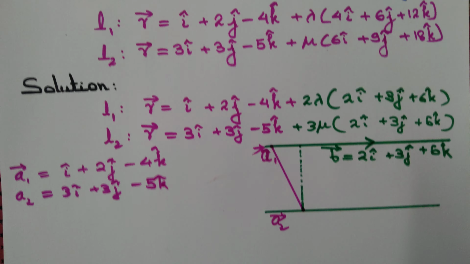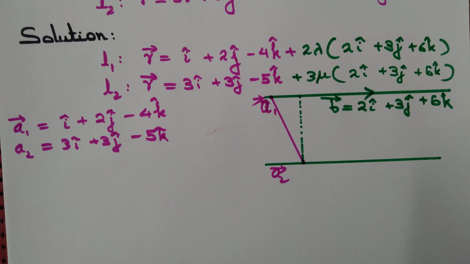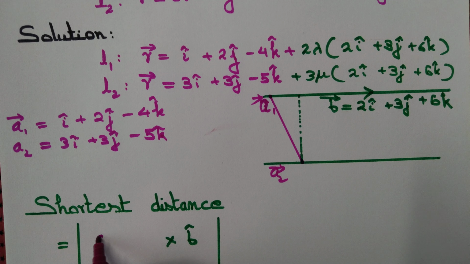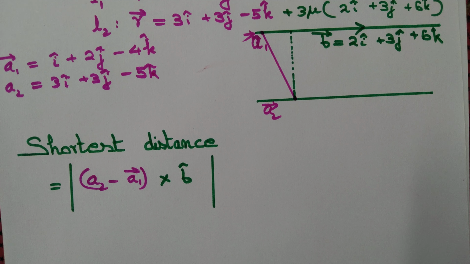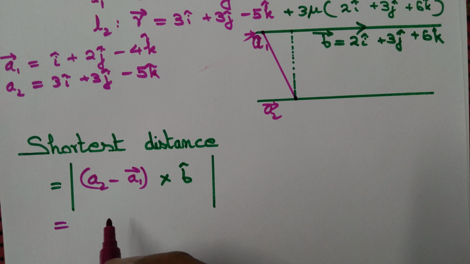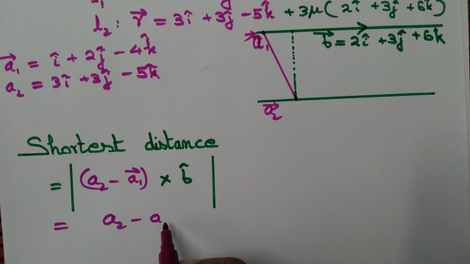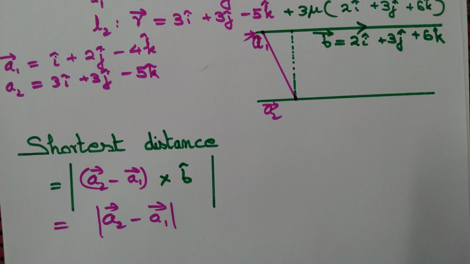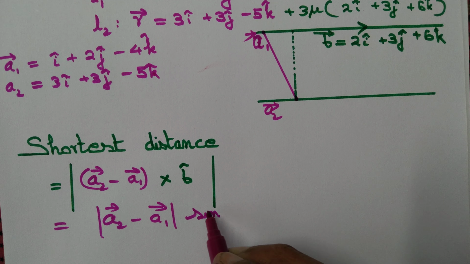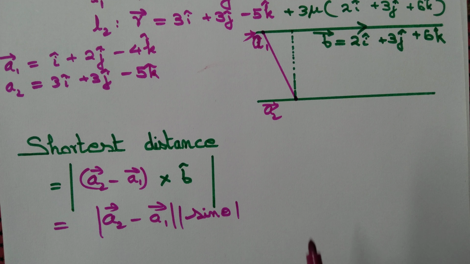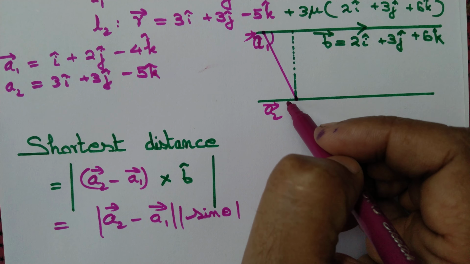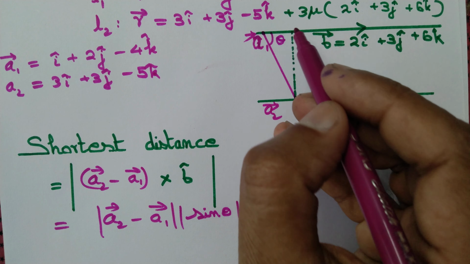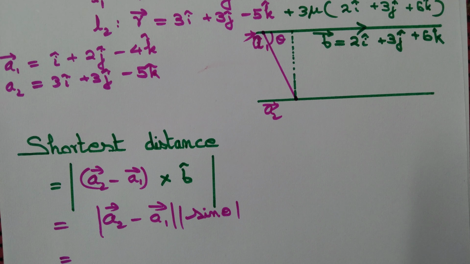Then observe that the shortest distance is given by the magnitude of A2 minus A1 cross unit vector B, that is equal to magnitude of A2 minus A1 sin theta, if theta denotes the angle between A2 minus A1 and B. How do we compute it?